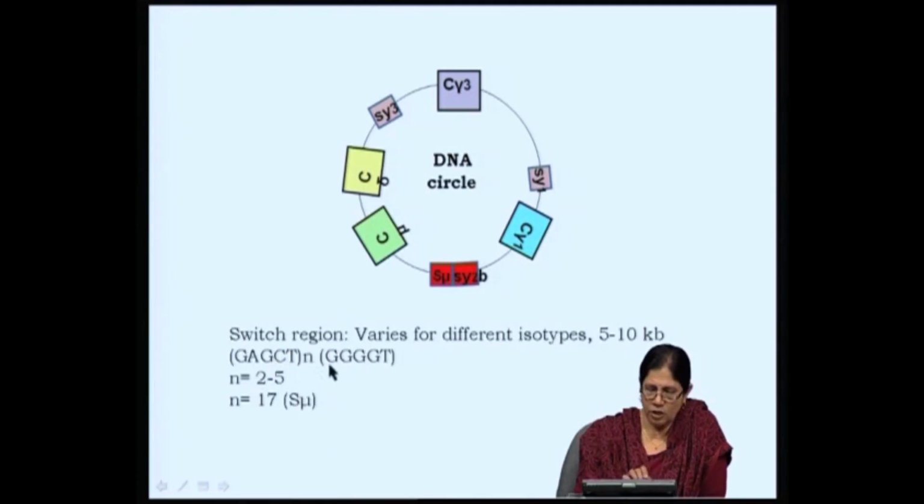These sequences also have some motifs: the switch region sequence reads as GAGCT n times followed by GGGGT. This n can be 2 to 5, or n can be 17 as one can see in the switch mu region.